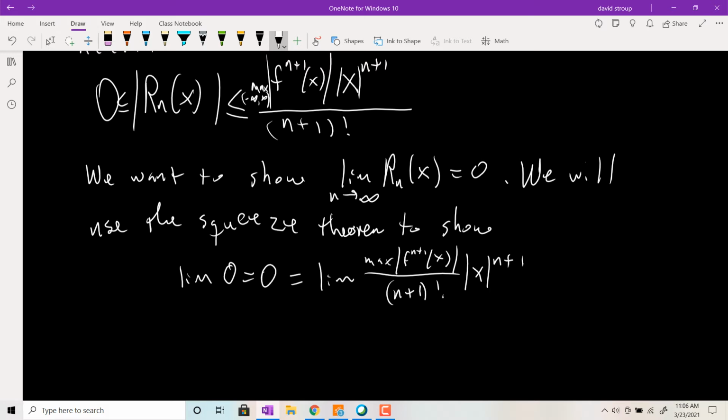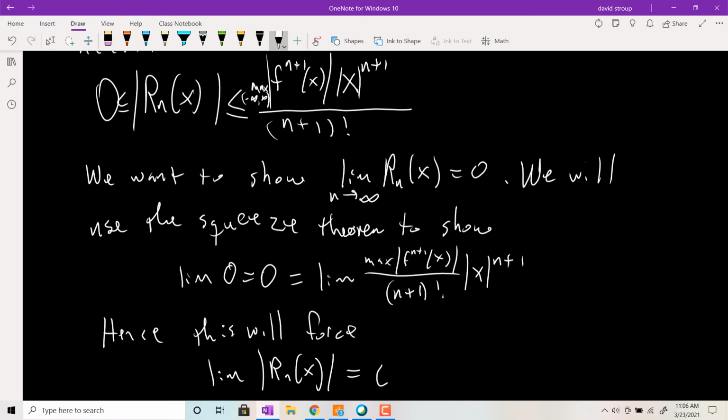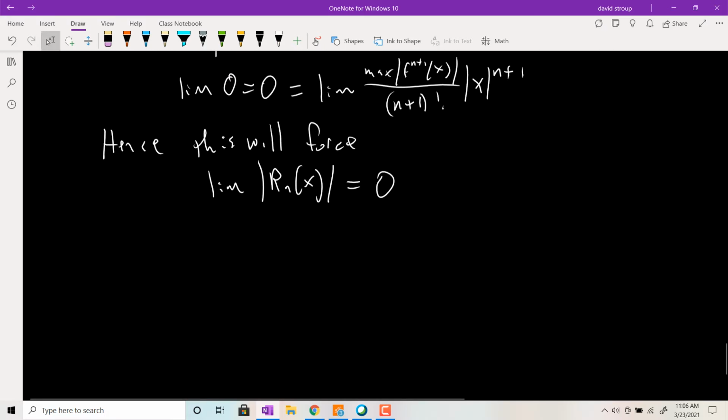This one. We want to show that those two are equal to each other, and hence this will force the limit of the absolute value of r sub n of x to equal 0. And we had actually a theorem in 9.1 that said if the limit of the absolute value of the terms is equal to 0, then the limit of the regular terms is equal to 0.